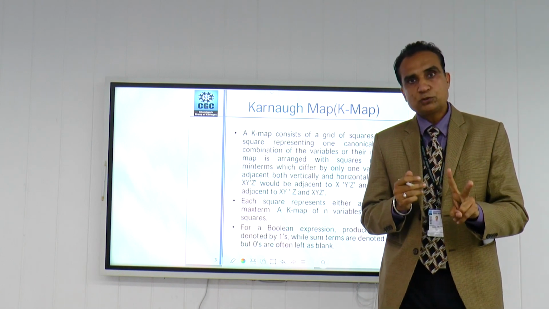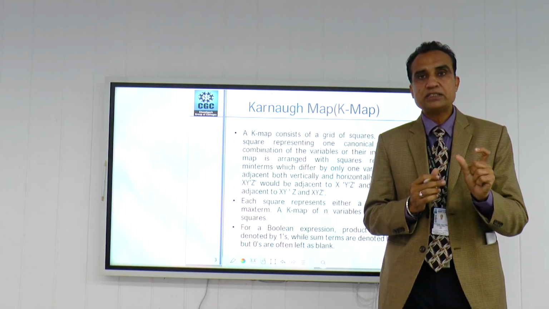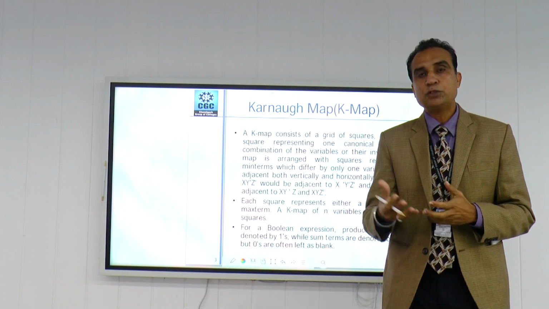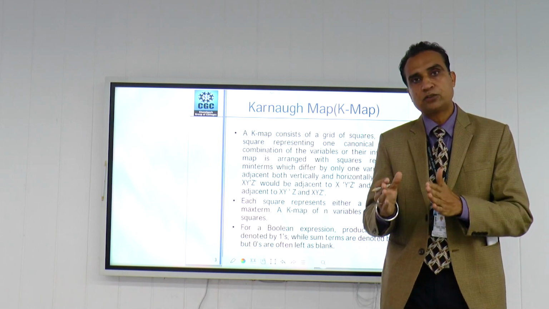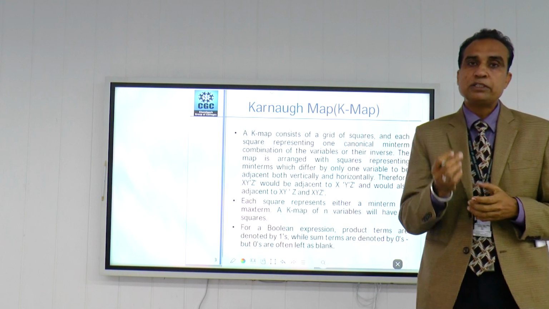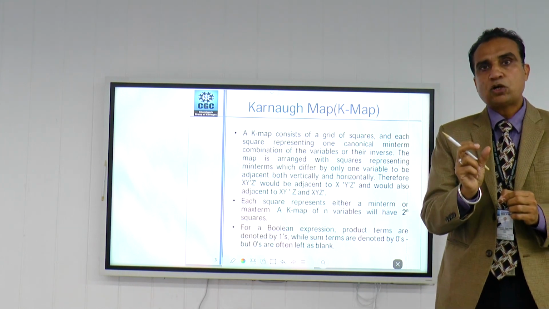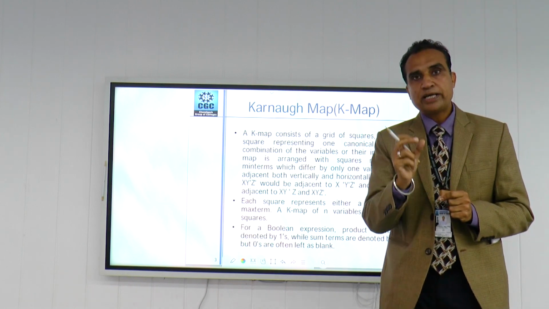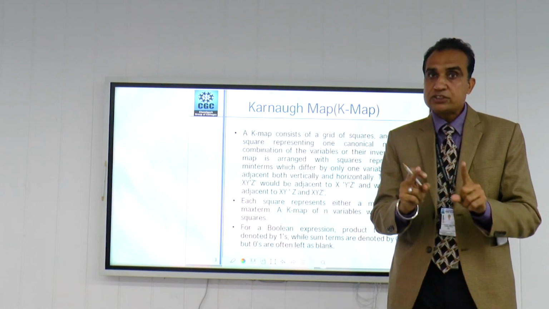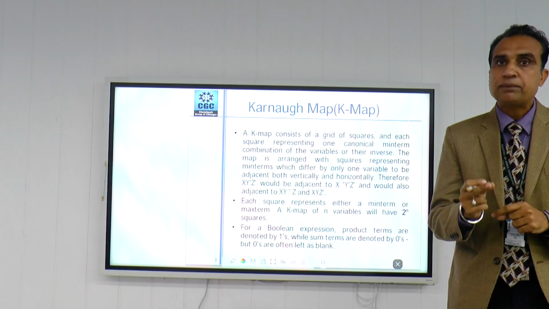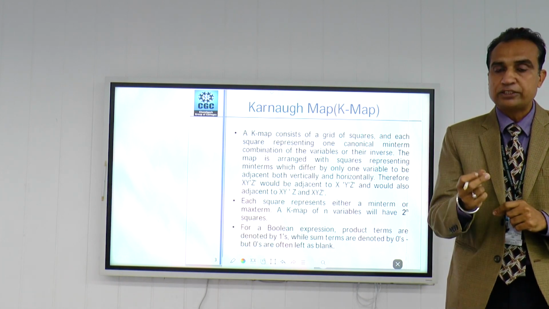Now there are 2 ways to represent the Boolean expressions. One is SOP and the second one is POS, sum of product and product of sum. When we represent the equation in SOP form, each element of the equation is known as a min term. Now each square grid in the K map is used to represent the min term.